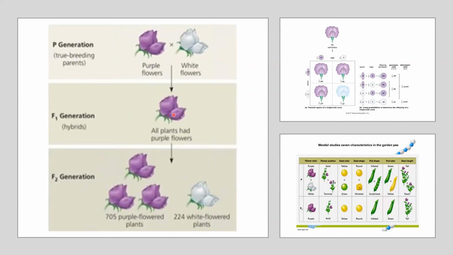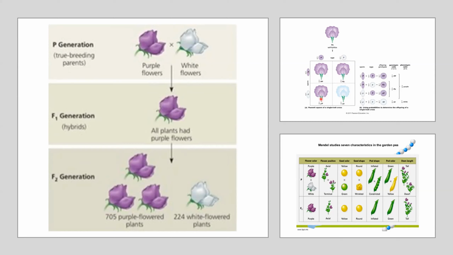When he self-fertilized the uppercase P with the lowercase p, I'll go over how to do these Punnett squares in more detail tomorrow, but when you cross these, when you bring this down, you get an uppercase P, and then you bring this over here, you get an uppercase P, lowercase p.